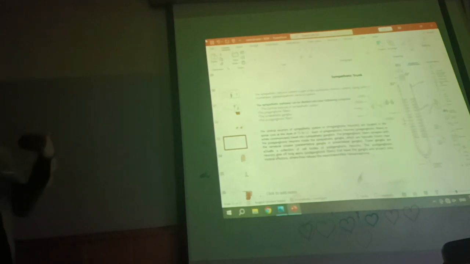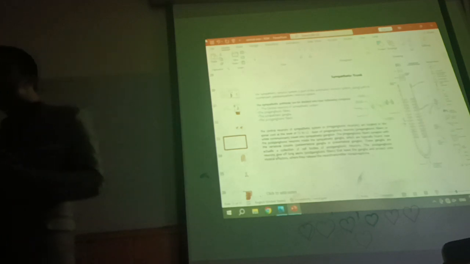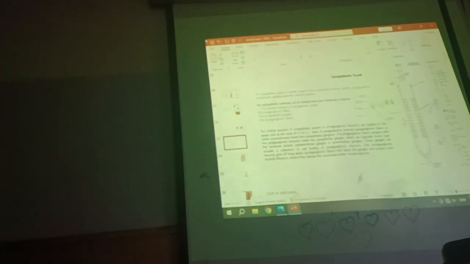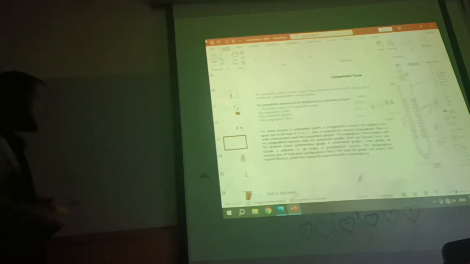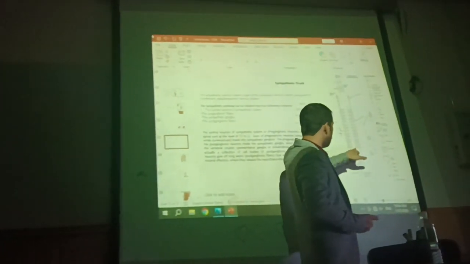So I want to say that all the sympathetic fibers from the head and neck have their origin in the spinal cord at the level of T1 to L2.